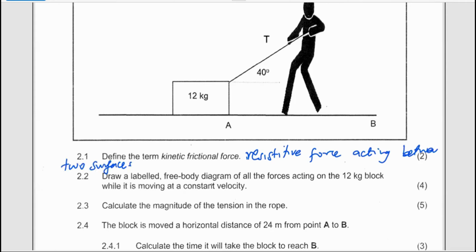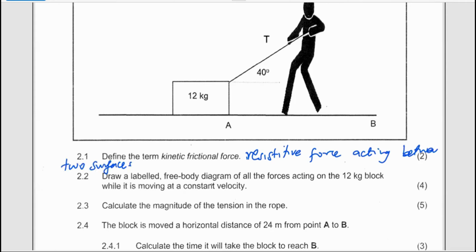The surfaces need to be in contact, and then they have to be moving relative to one another. So there has to be motion for us to have the kinetic friction force.